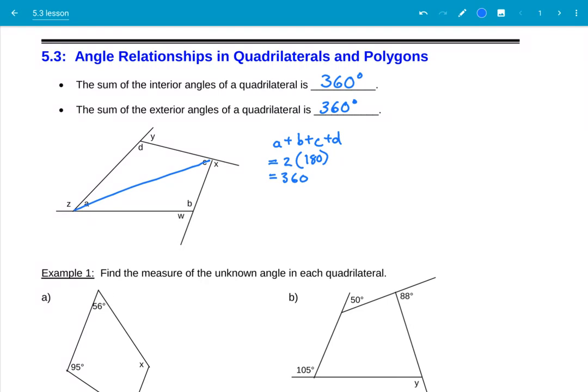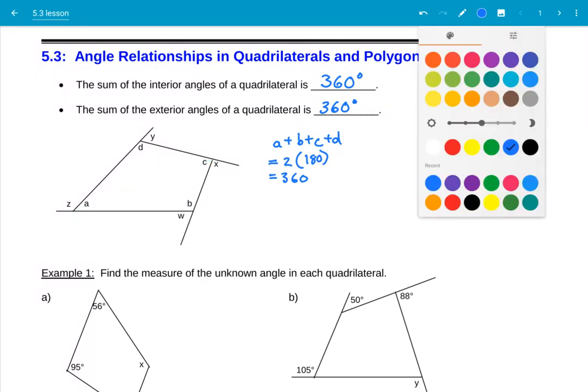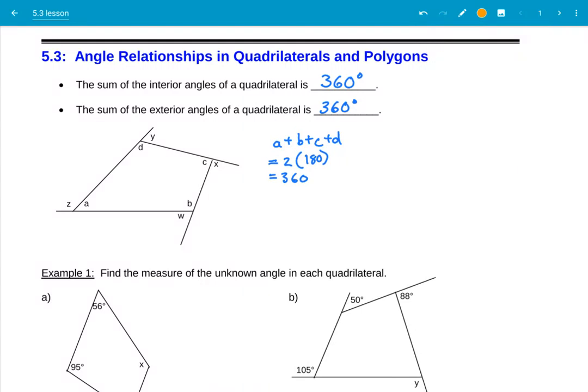Now, I'm going to explain the exterior angles two different ways. I'm going to do it the hard algebra way first, and then I'll do the reasoning or logic way. You see this line right here? I'm sort of filling in with the orange. Well, Z is equal to 180 minus the angle A, because it's a straight line, supplementary angles.